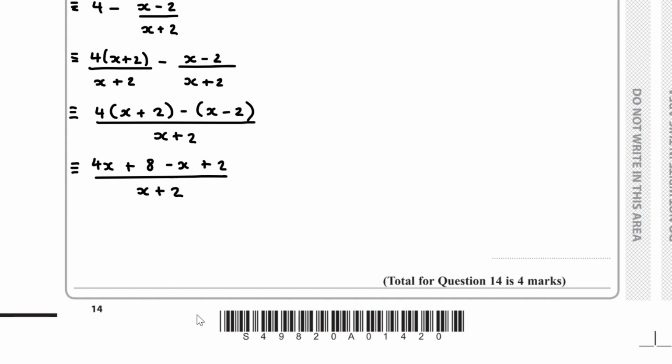So now if I tidy up this even more, 4x minus x, that's 3x, 8 plus 2, that's 10. So we've got 3x plus 10 on the top and x plus 2 on the bottom. So this is our final answer. So we've got 3x plus 10 over x plus 2.